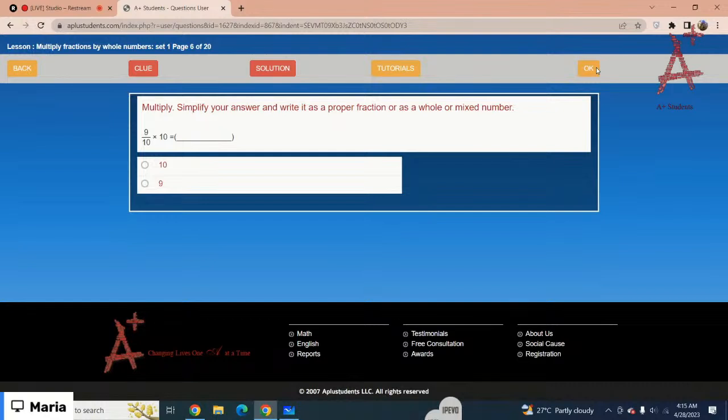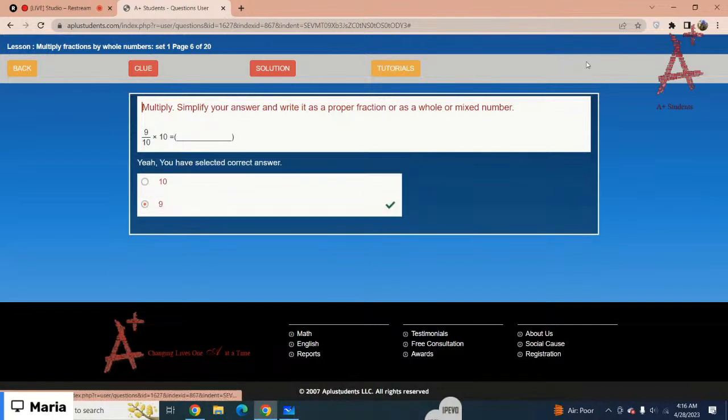Okay, 9 by 10 times 10. So which is the correct option? Yes, you're left with 9. You can cancel out 10, and you're left with just 9.